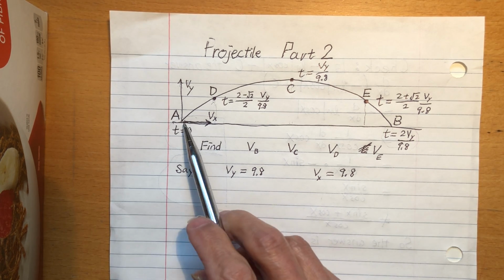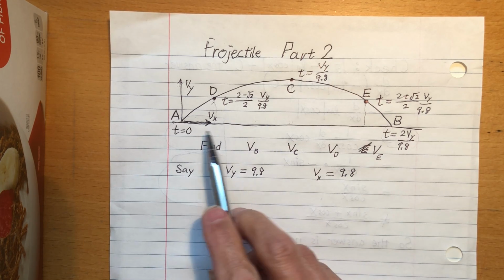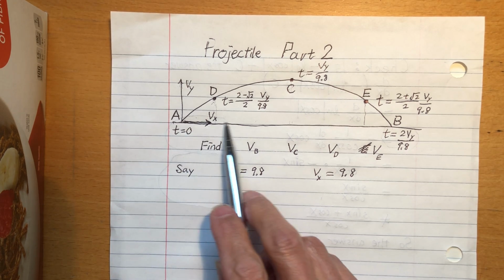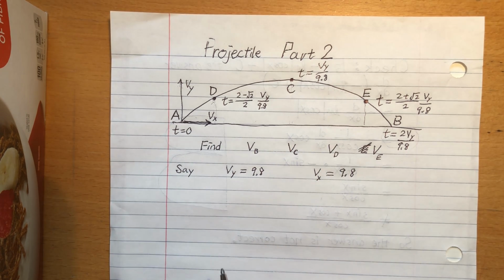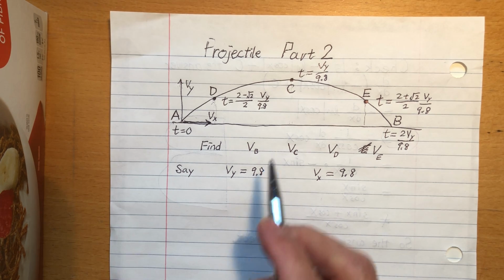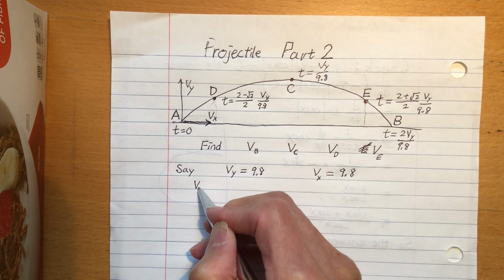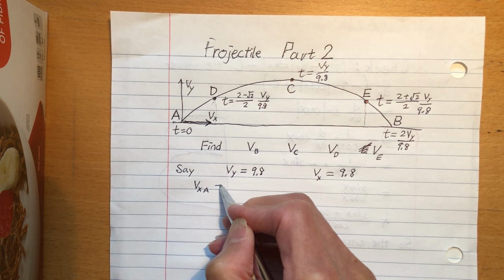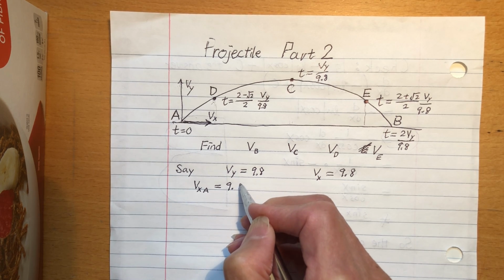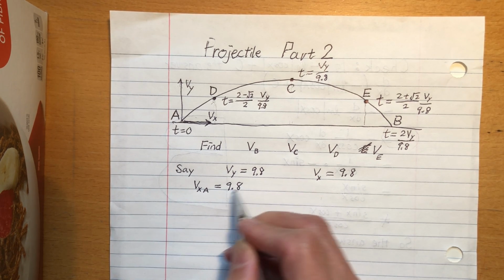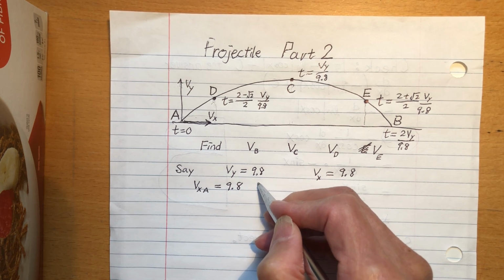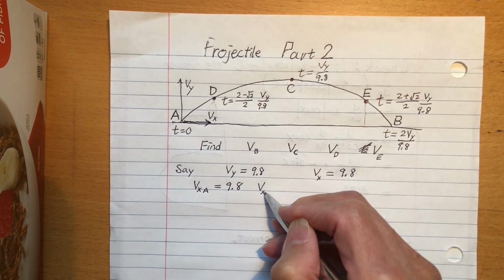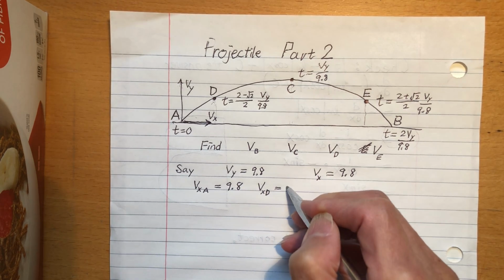Remember, in a projectile, the horizontal velocity does not change because there is no acceleration in the horizontal direction. This means Vx at point A is 9.8. This is my given value. I choose a special given value here. Since the x component doesn't change, the x component of velocity at point D is also 9.8.